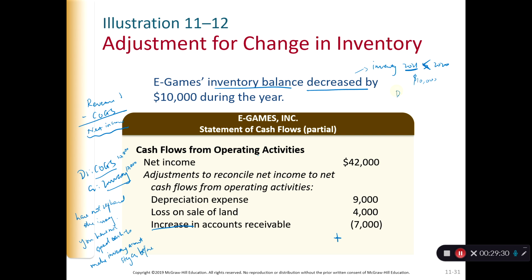So during this year, you must have had a cost of goods sold transaction crediting inventory, right? And this has nothing to do with cash. No cash involved. But this cost of goods sold actually reduces the net income. So therefore, the net income should not be affected by this $10,000. You should add it back, $10,000.